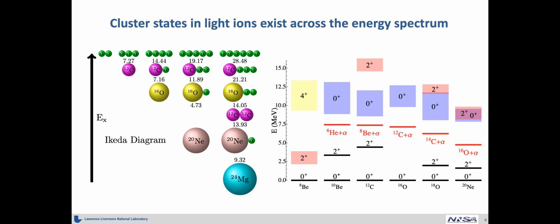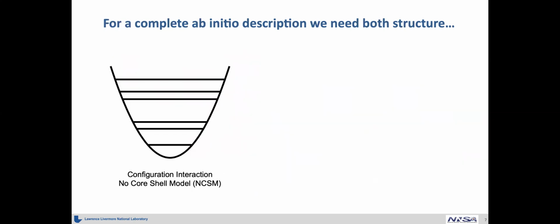So it's still clustered somehow, but we really want to understand how it survives the many-body complexity. It's so far up in the spectrum, it has no reason to be there, or probably it has a reason to be there, but we would like to understand why. And it's these types of structures that will affect your eventual cross-section for, say, alpha capture. So we need to be able to describe them well.